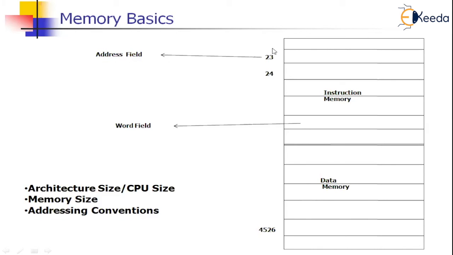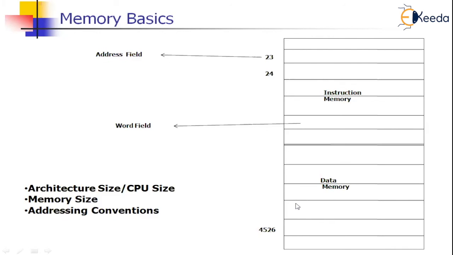Instructions 23 and 24 need not have their data elements present in successive locations. These operands can be scattered across the main memory. This is the non-contiguous nature of the data memory. So the thing is, instruction memory is contiguous, data memory is non-contiguous.